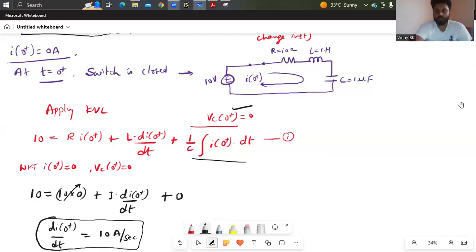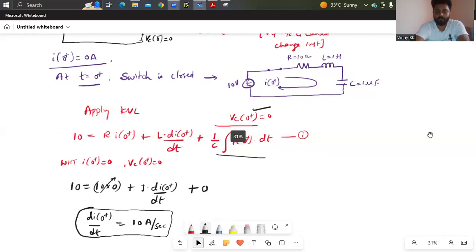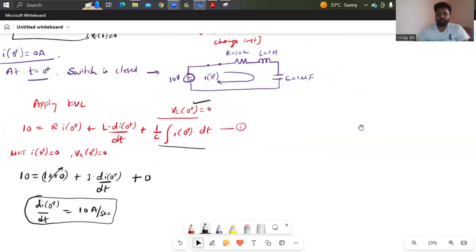Now if you want to get the value of the double derivative, differentiate equation 1 with respect to t when t equals 0 plus.